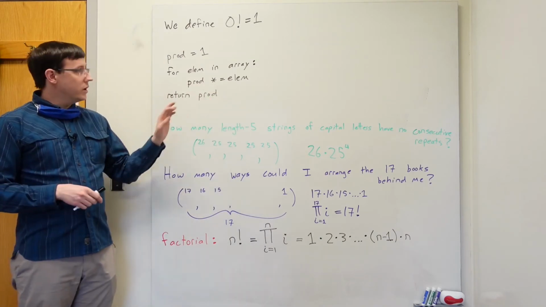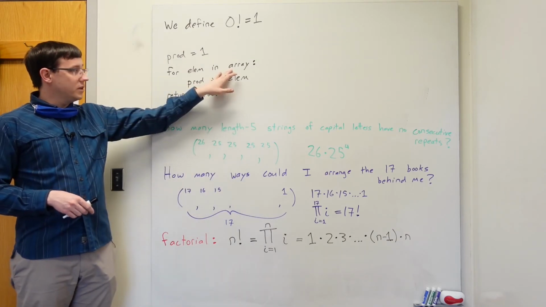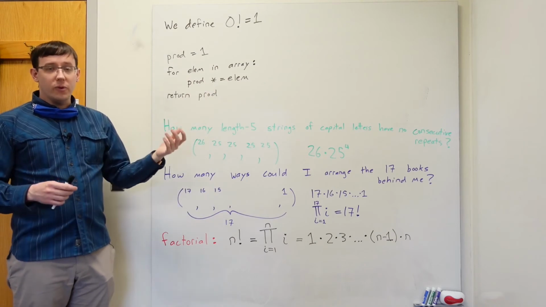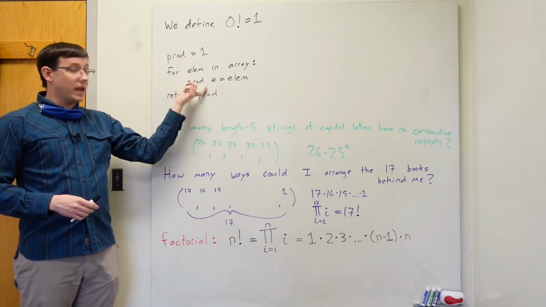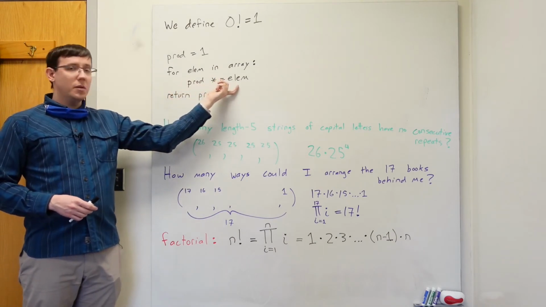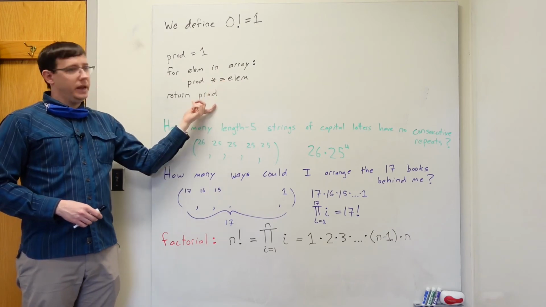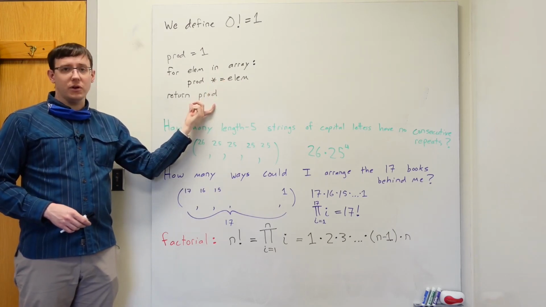This pseudocode loops through all of the elements in the array, and for each element updates a running product, multiplying it by that element, and eventually returning the result.